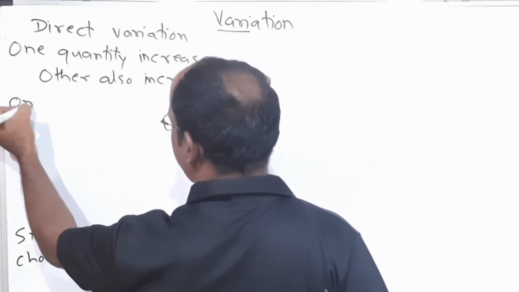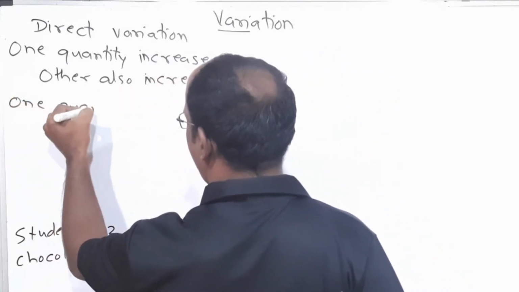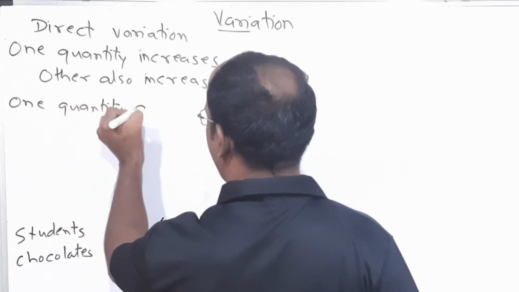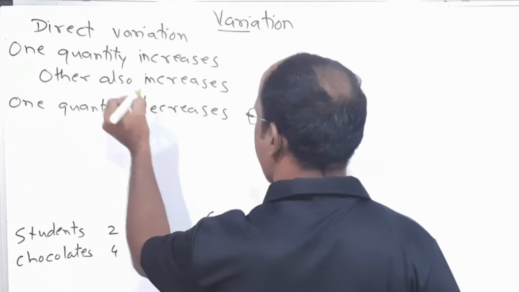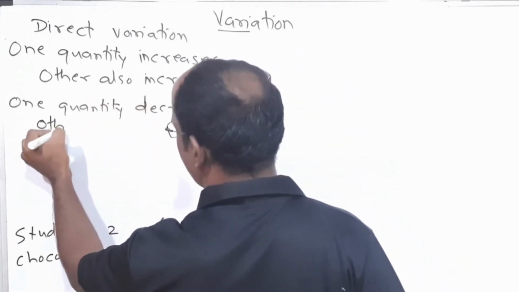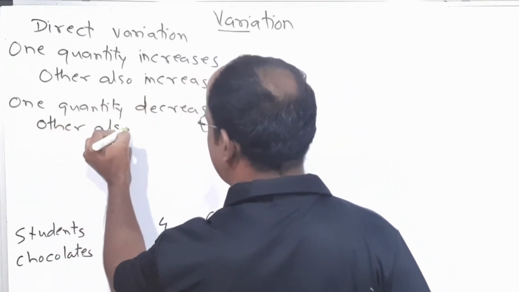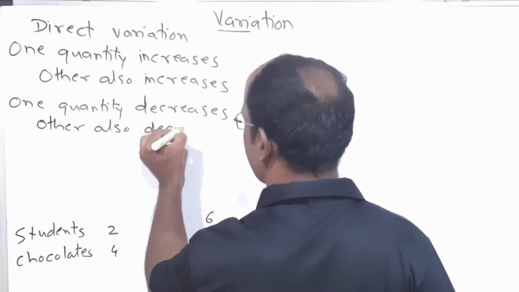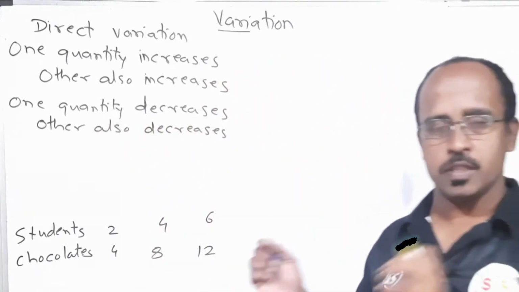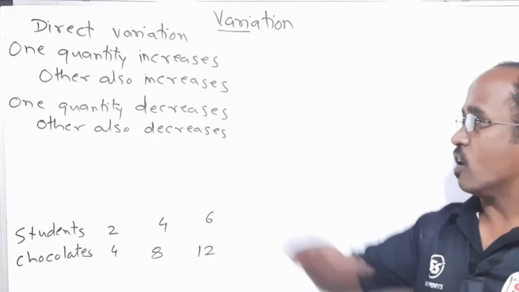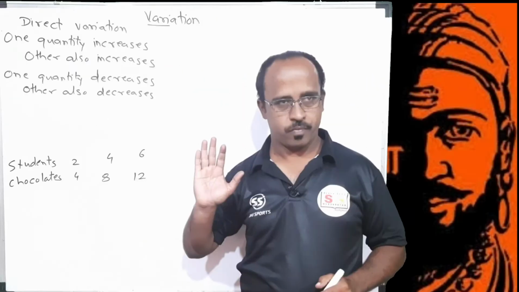And if one quantity decreases, the other also decreases. If such kind of variation is there, it's called direct variation.